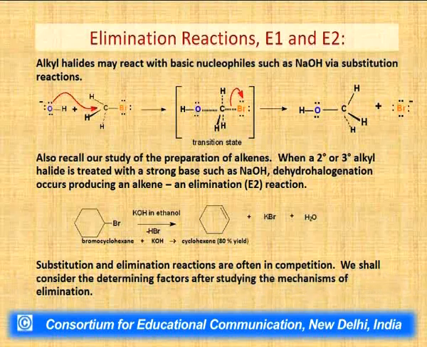You can see that bromocyclohexane, when it reacts with potassium hydroxide in ethanol, forms cyclohexene, meaning there is an elimination reaction rather than substitution. Substitution and elimination reactions are often in competition. We shall consider the determining factors after studying the mechanism of elimination.